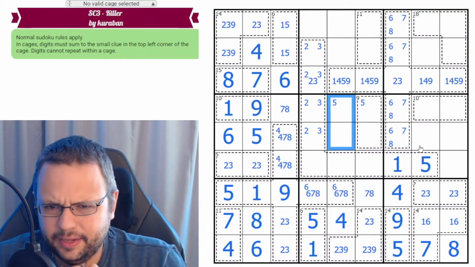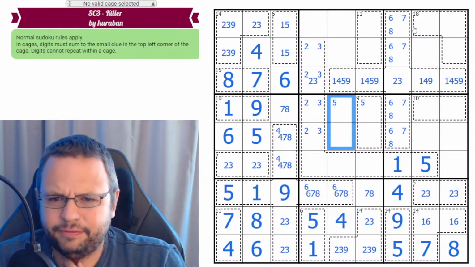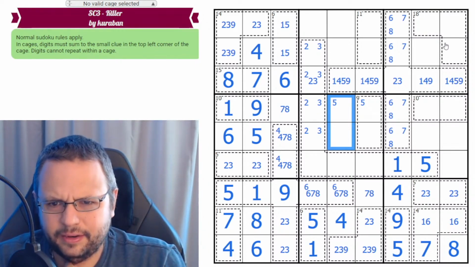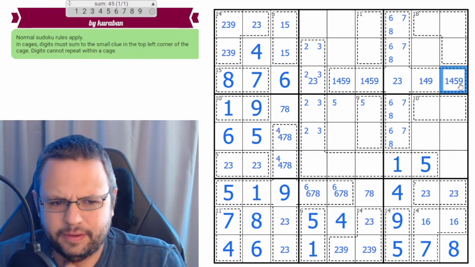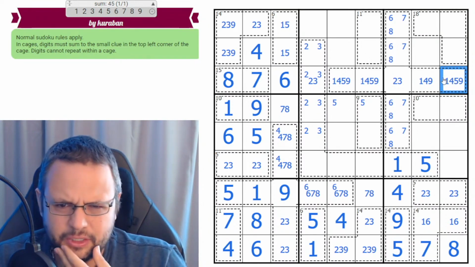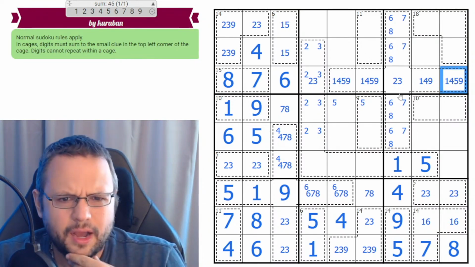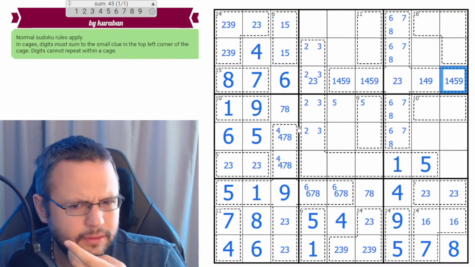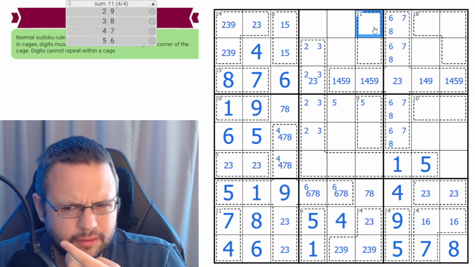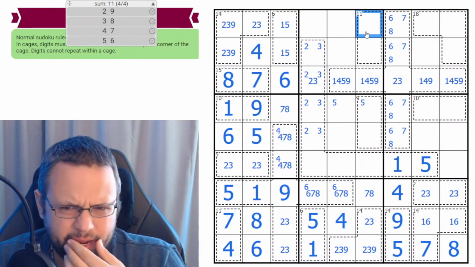Let's see. The 5, I think I know is in... No, I don't. I just know the 5's over here, but the 5 could be there. Darn. The 11 cage could still be just about anything.